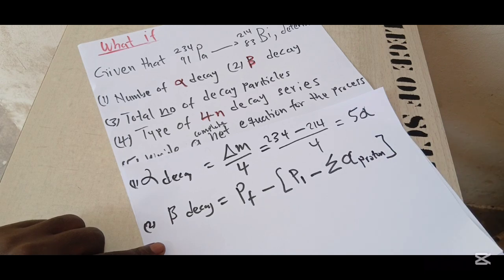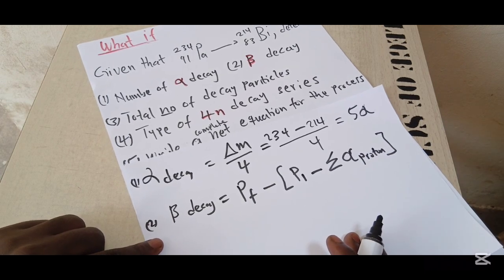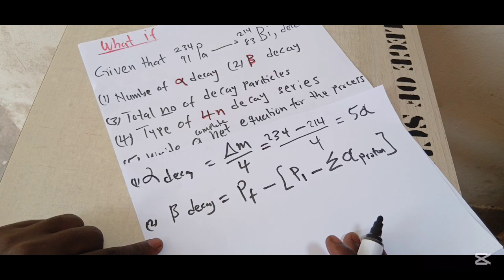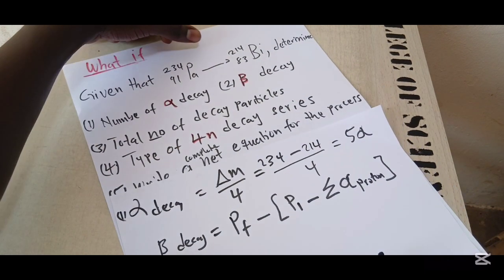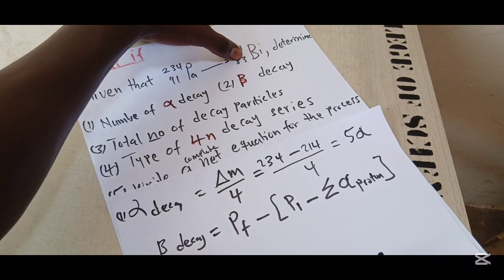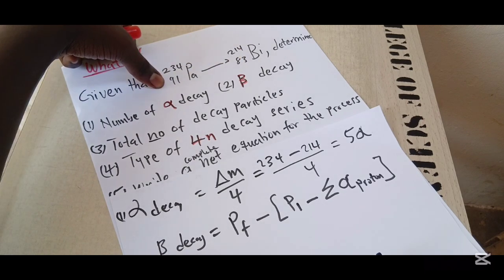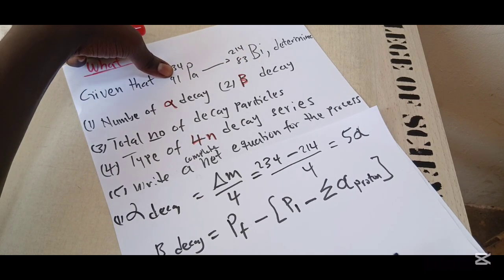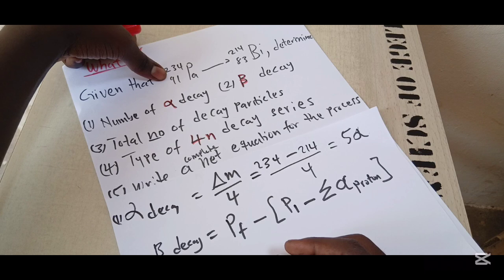Looking at this, what is our final proton number and what is our initial proton number? The final proton number is 83, and the initial proton number is 91, right?